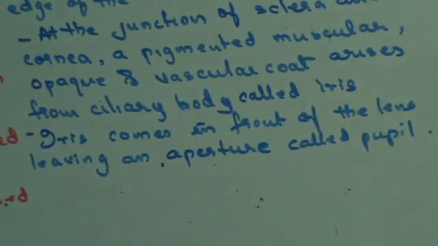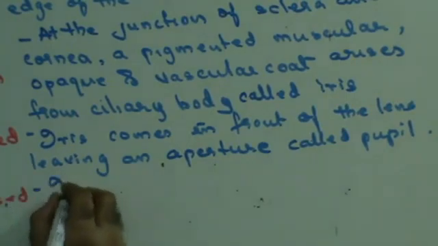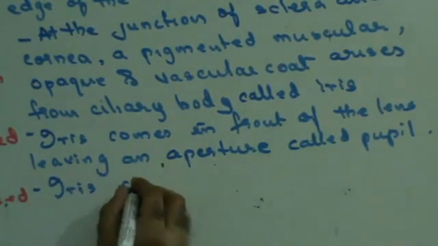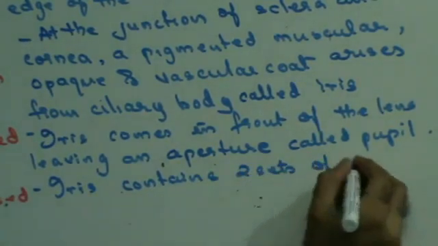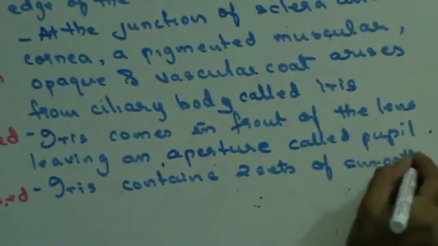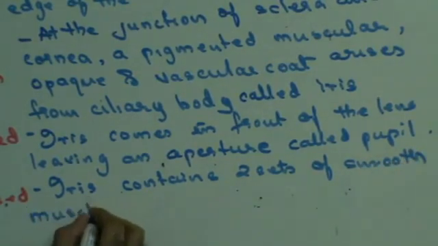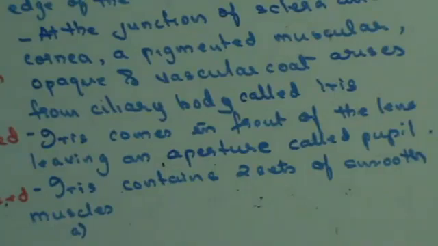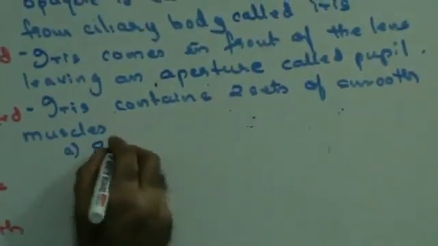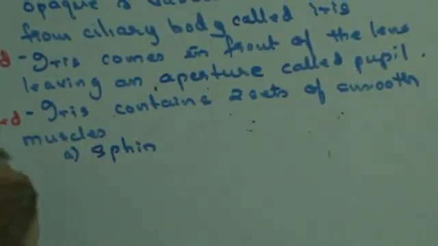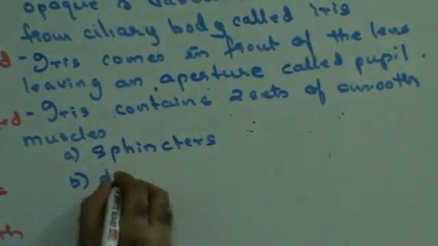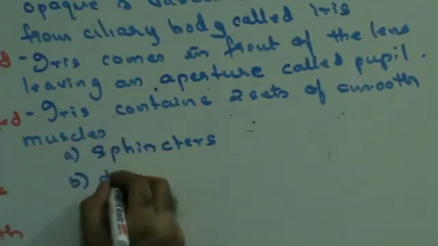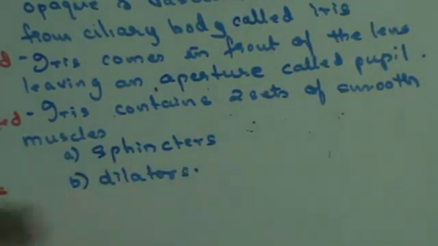The iris contains two sets of smooth muscles. The first one being the sphincter, and the second being the dilators. These are the two muscles that the iris contains, right?